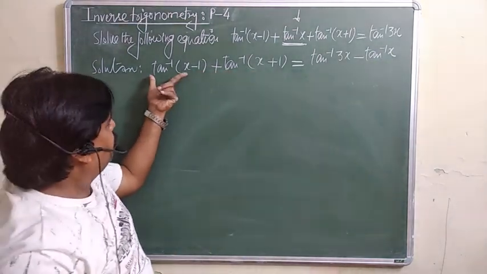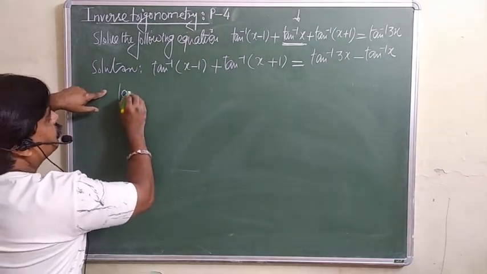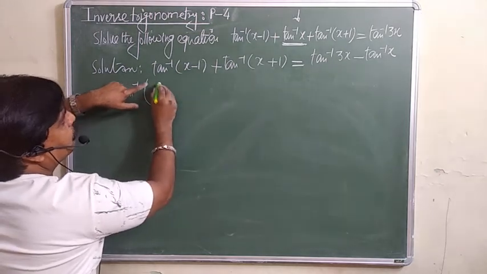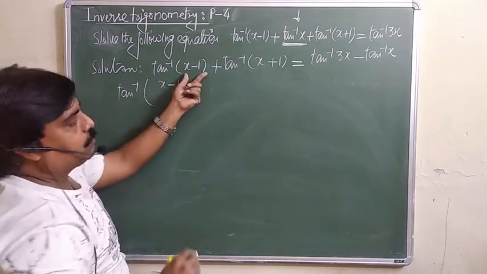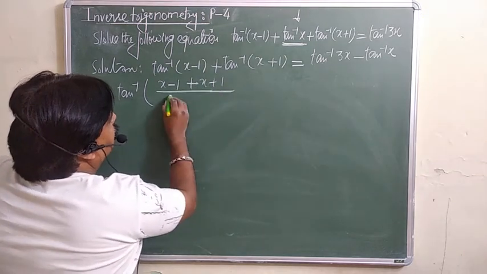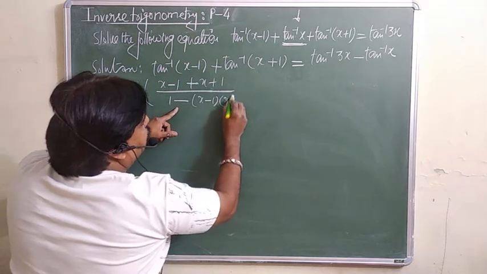Now on the left hand side you can apply tan inverse x plus tan inverse y is equal to tan inverse of (x plus y) over (1 minus xy). So x is x minus 1, y is x plus 1, over 1 minus (x minus 1)(x plus 1).